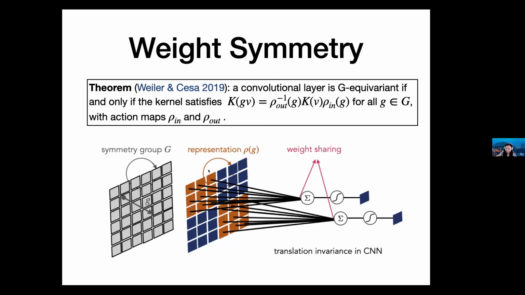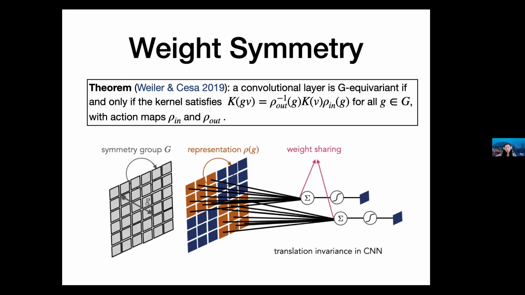But the weights within the orange block are quite flexible. You can train them through backpropagation. But because the weights are shared from the top corner to the bottom corner, and they satisfy translation symmetry, this way the convolutional neural network is translation invariant.